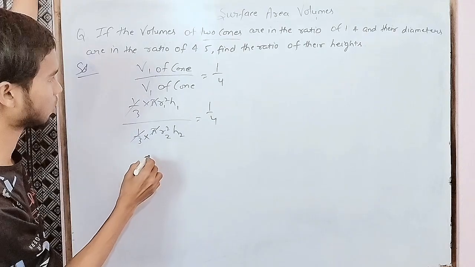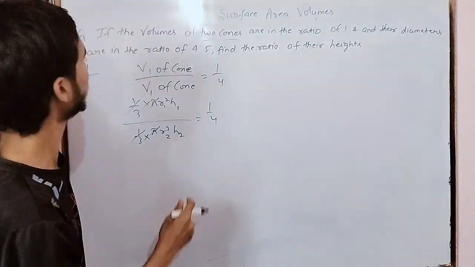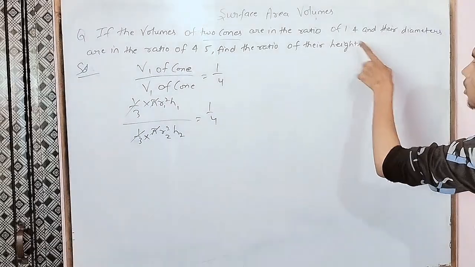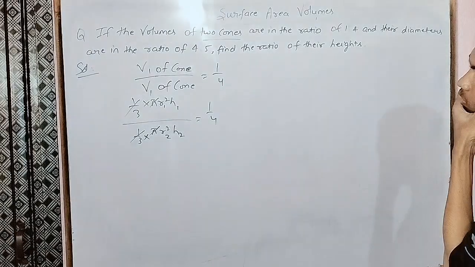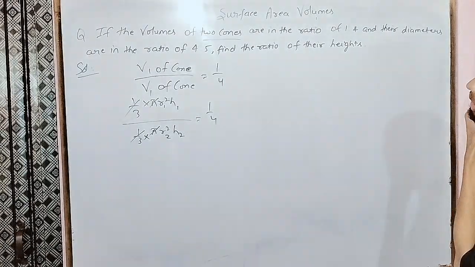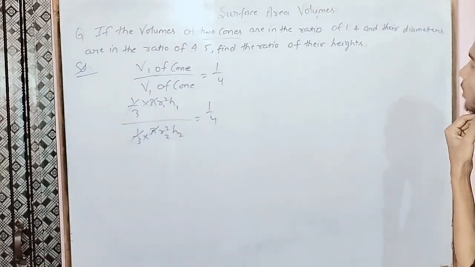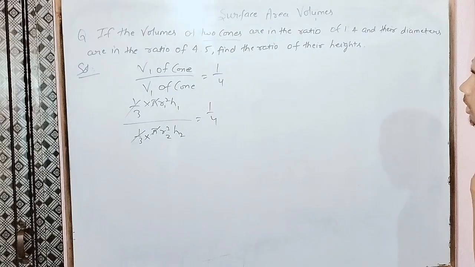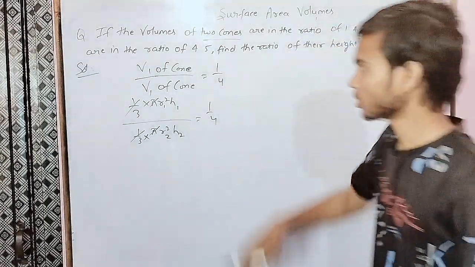So r is how much? We have to understand the question. It is saying the volumes are in the ratio of 1 upon 4 and their diameters are in the ratio. We don't have the radius given. We have been given diameters, which are in the ratio 4 is to 5, and the ratio of their heights.